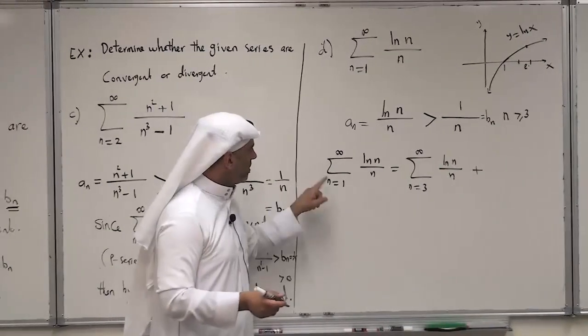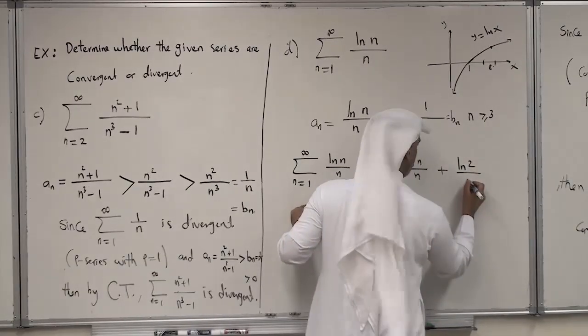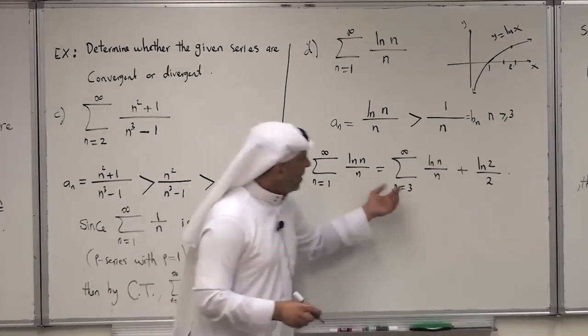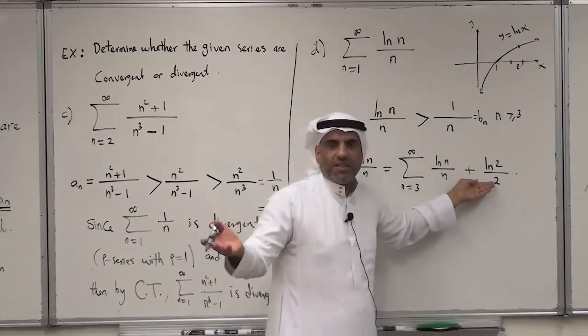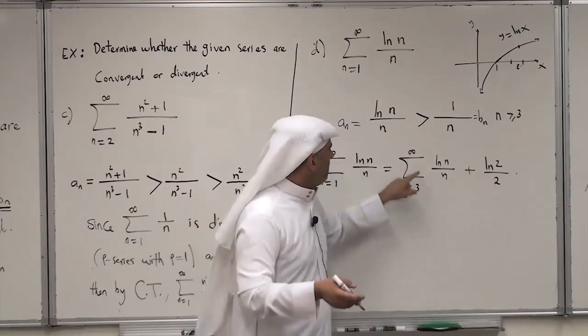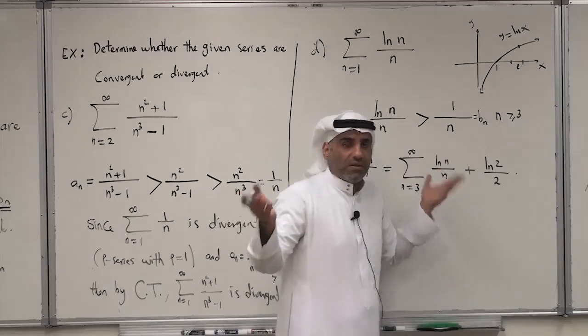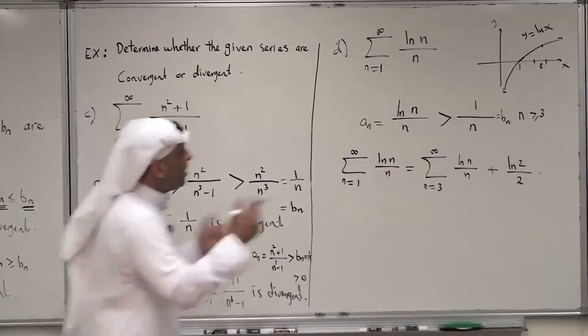At 1, that's equal to 0. At 2, that's equal to ln of 2 over 2. Fine. So, if this series is divergent, adding a number to a divergent series, that is divergent. If this series is convergent, adding a number to a convergent series, that's also convergent.